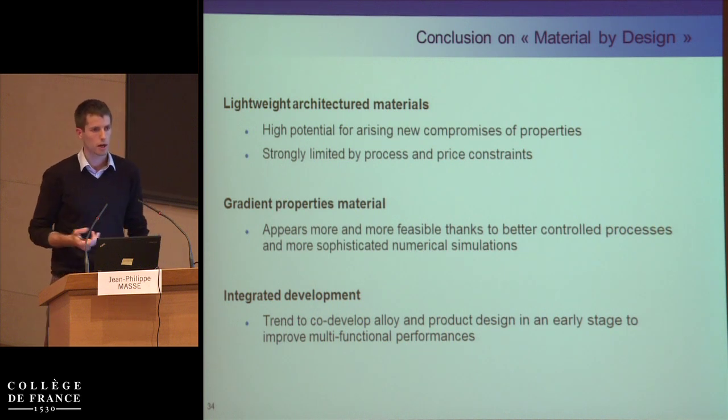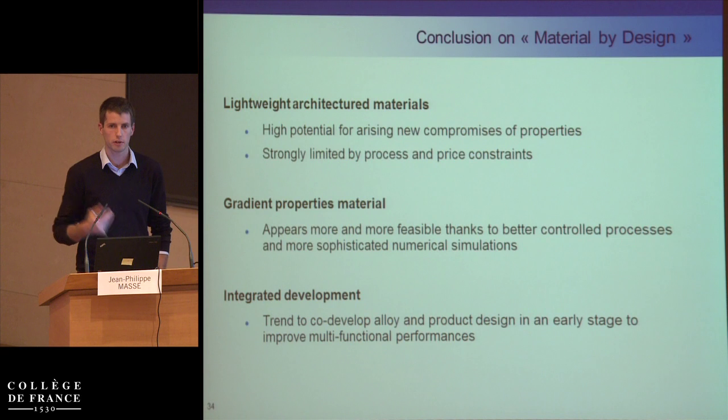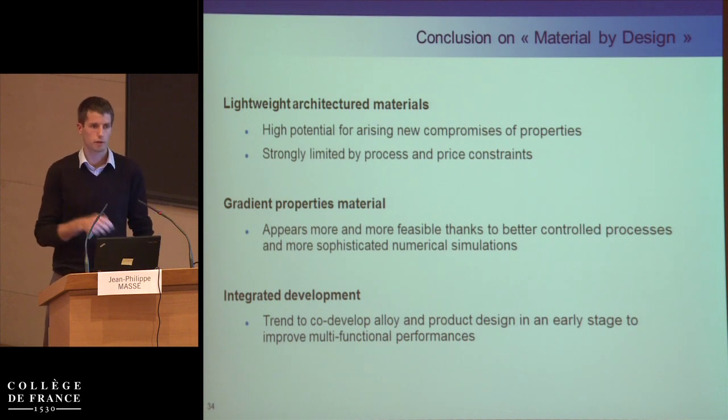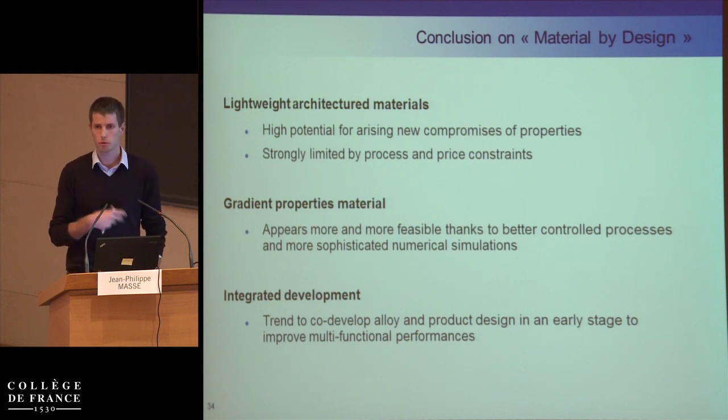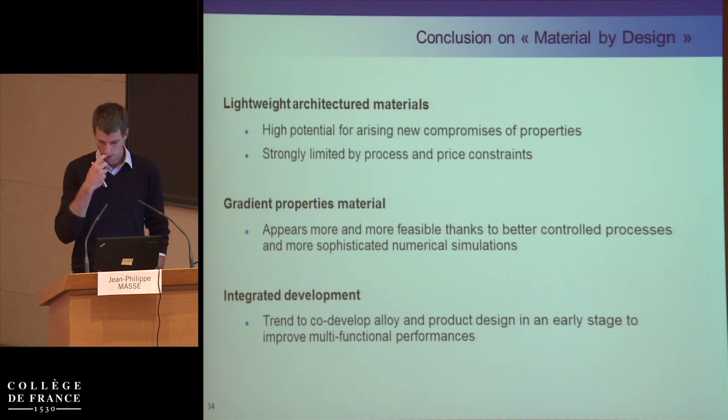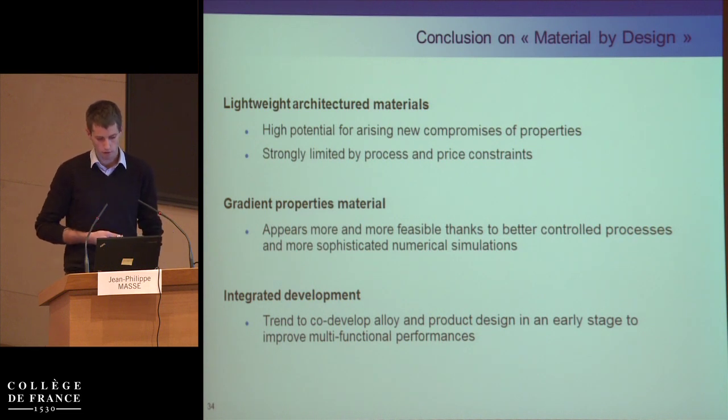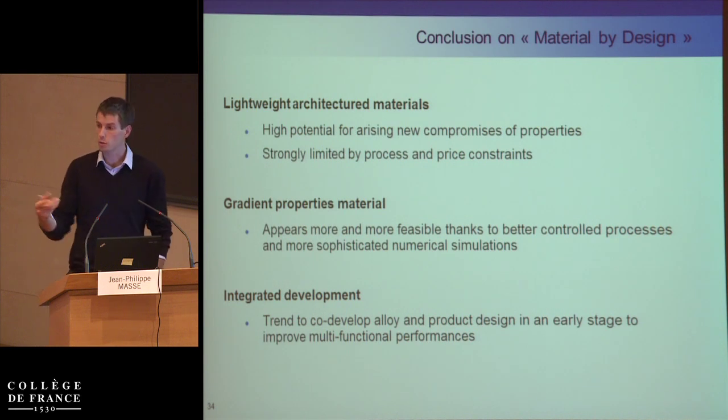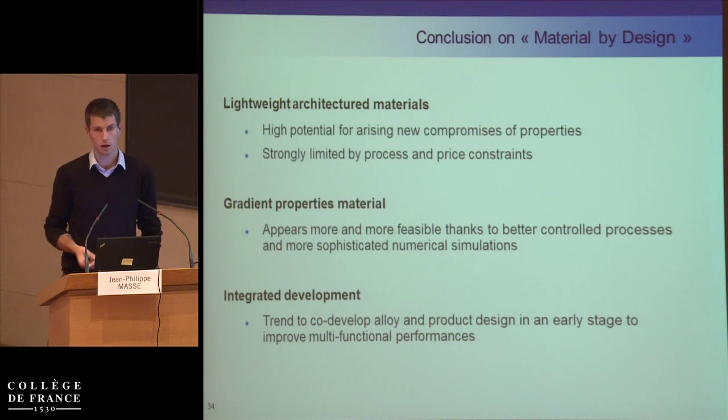People designing automotive or aeronautic parts are using more and more information from the process, including porosity and hardening from the previous steps of the process. So when we control the process parameters, and when we are able to compute the resulting properties of the material in the final part, then we are able to optimize and to propose graded materials like we've seen.